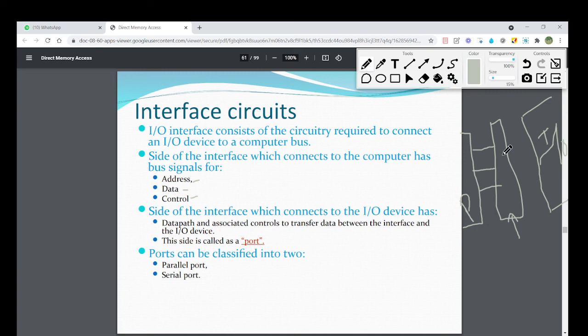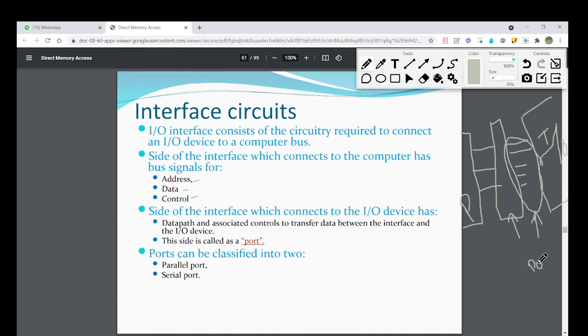Along with that, it has different control signals which are used for interfacing with the I/O device, and this side is called the port.